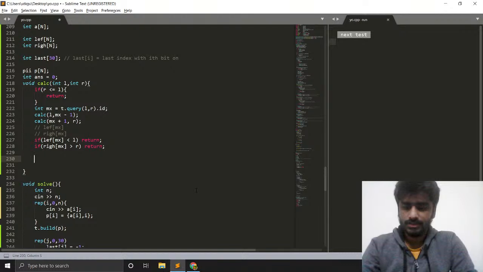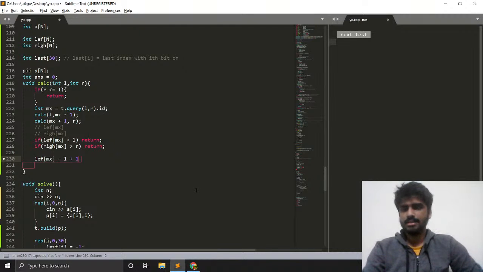So we can take left of max minus L plus 1. We can pick these many elements on the left side.